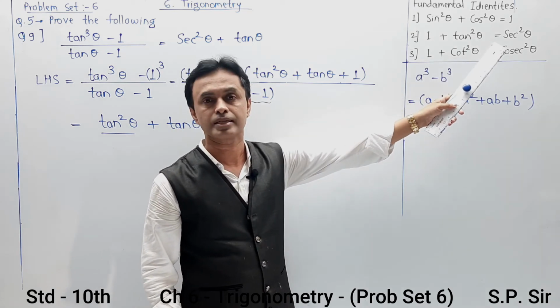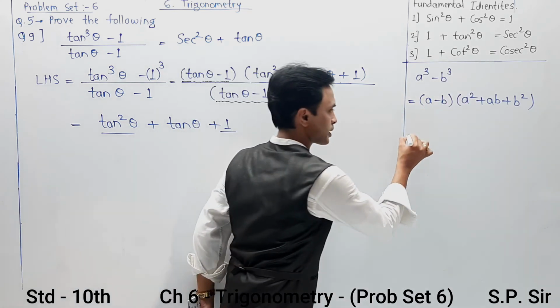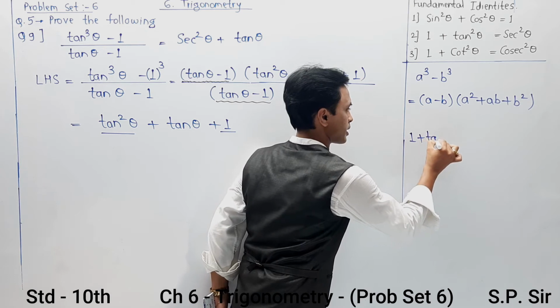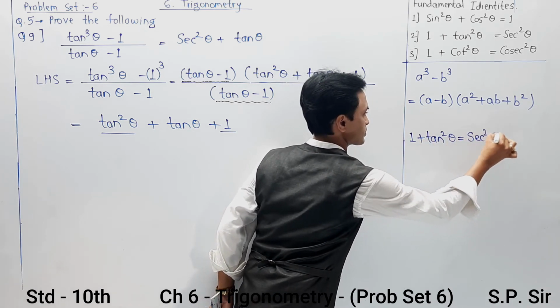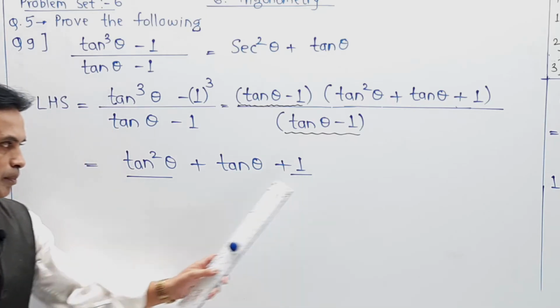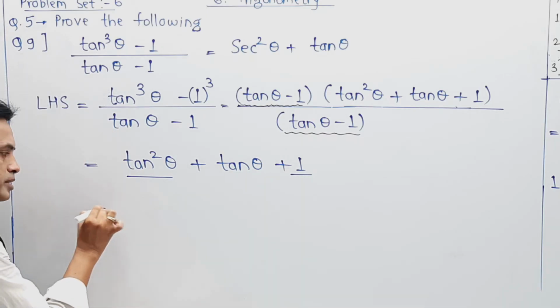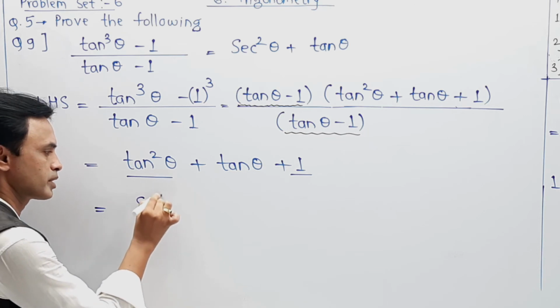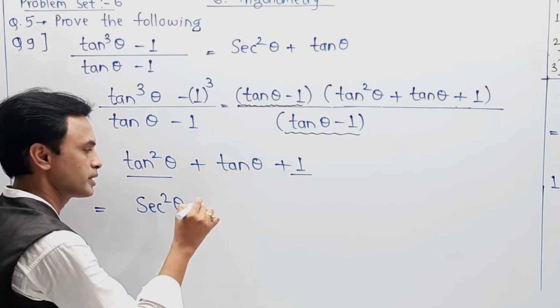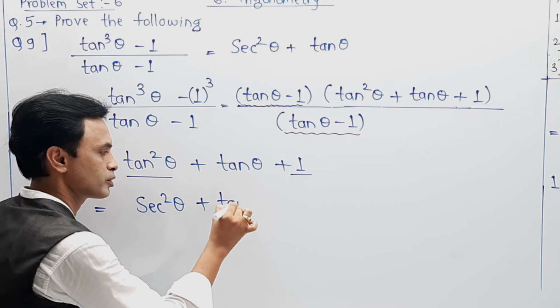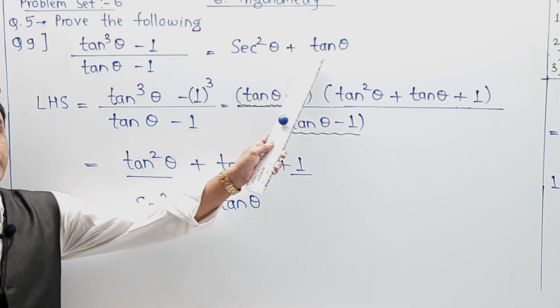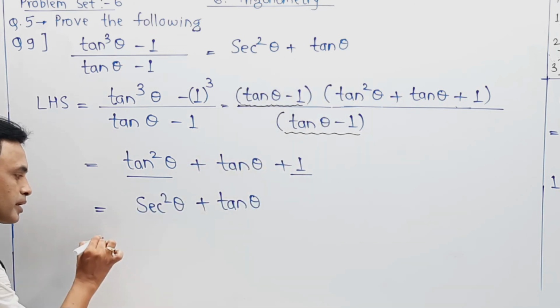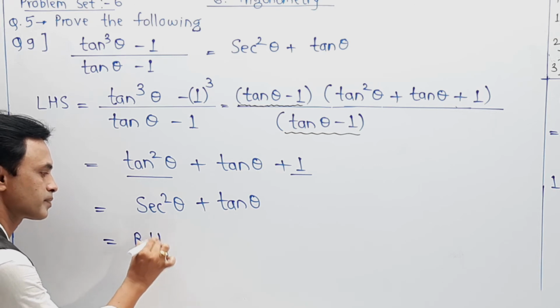So we make 1 plus tan square theta equal to sec square theta, and this plus tan theta stays as usual, and the answer becomes sec square theta plus tan theta, and that is nothing but your RHS.